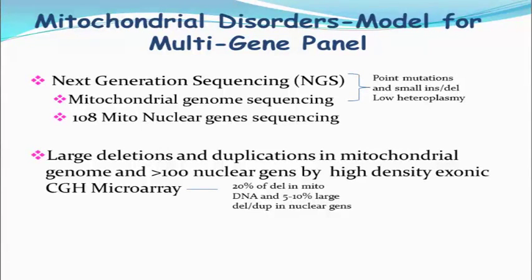It has 5 primer pairs. The 2 blue ones amplify the mitochondrial genome once, and the other 3 primer sets in green amplify the mitochondrial genome again.